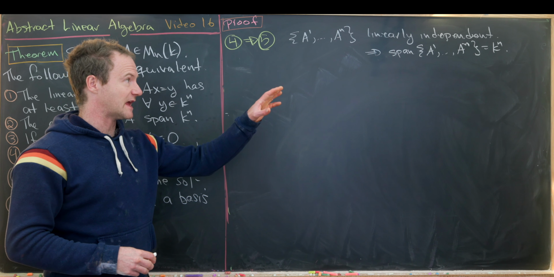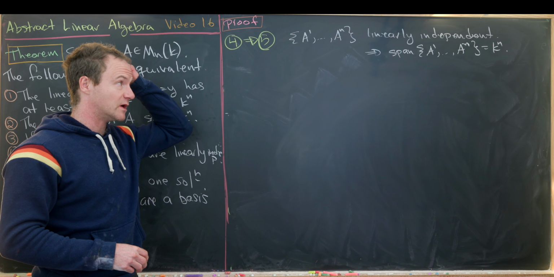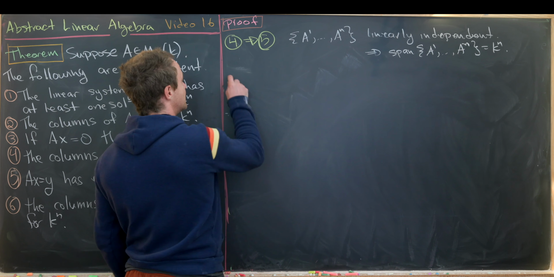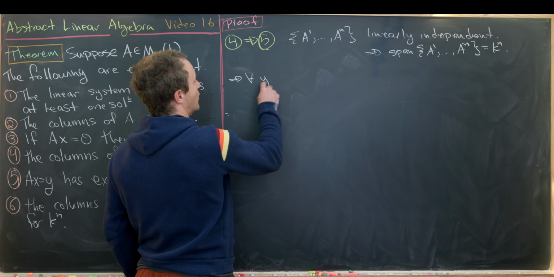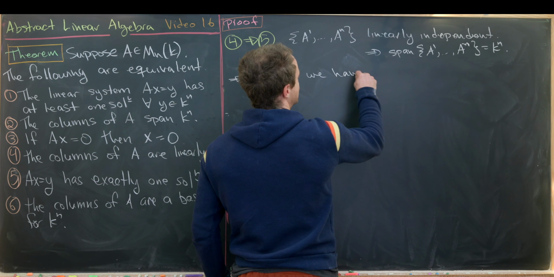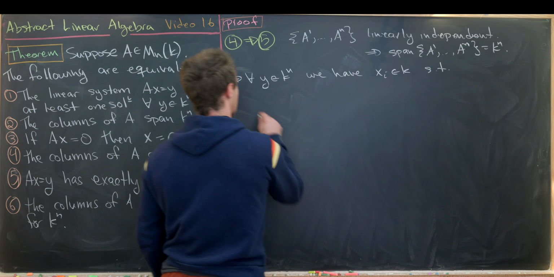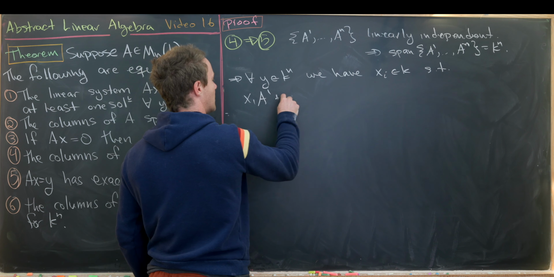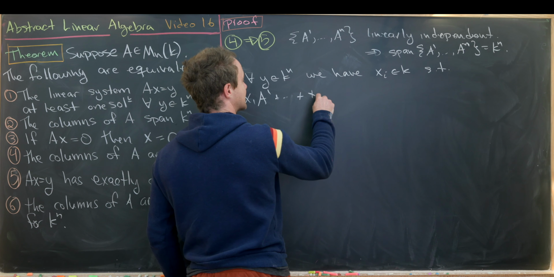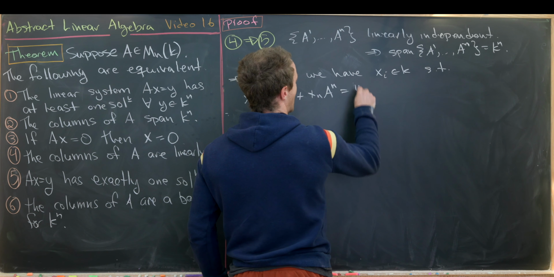Okay, but if the span of a1 to an is Kn, then for all y in Kn, we have a combination of xi in K such that x1 a1 all the way up to xn an is equal to y.